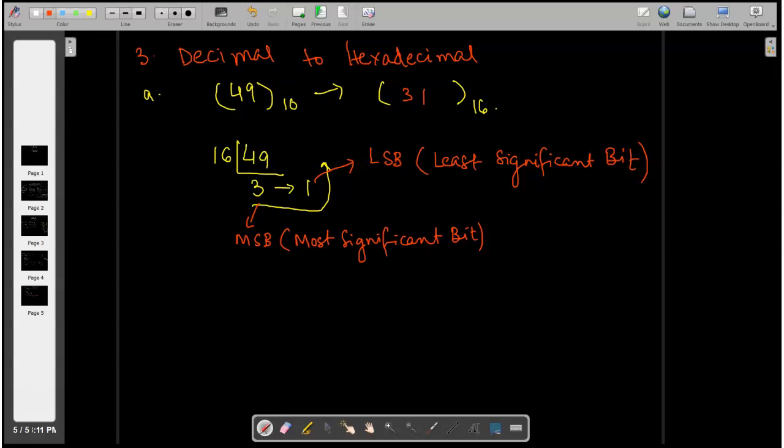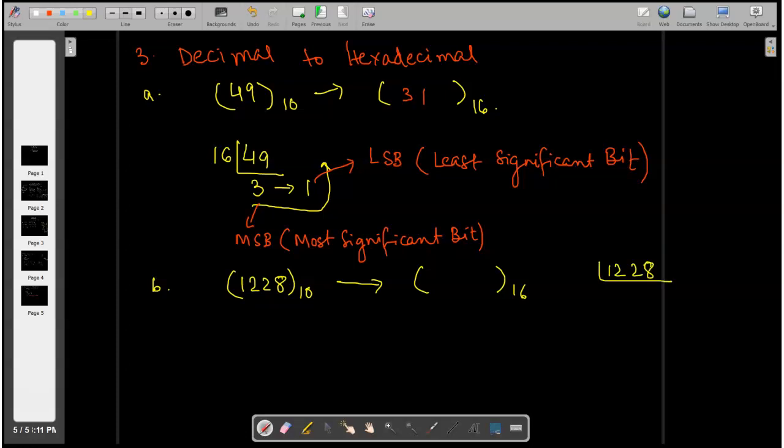Now let us see another example where we convert a decimal number to a hexadecimal number. Let us take a big number this time, maybe a 3-digit or a 4-digit number. We have to convert 1228 to a hexadecimal number.